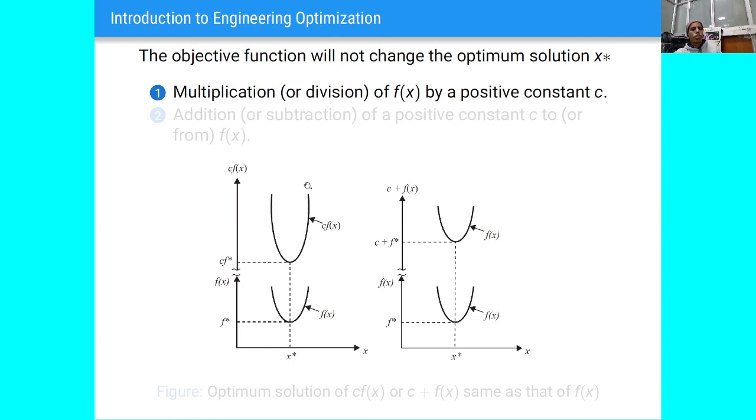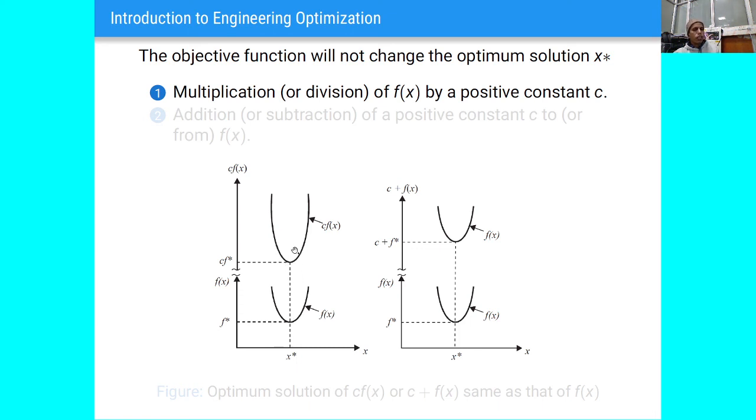I think you are able to see my mouse movement. Okay, so here we can see the optimum value was at this point. This curve is not shifting towards the left or right of this x star value. If we multiply each point on this function by a certain constant value, this curve will not shift to either the left side or right side of x star.